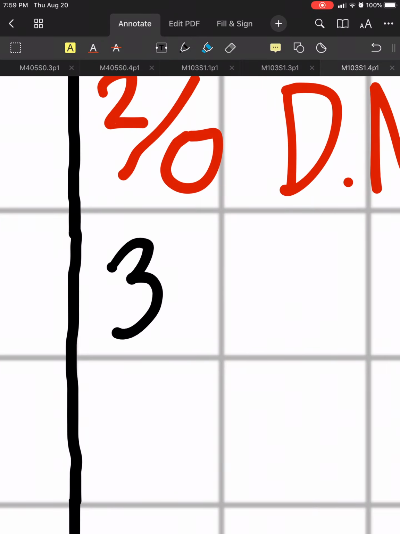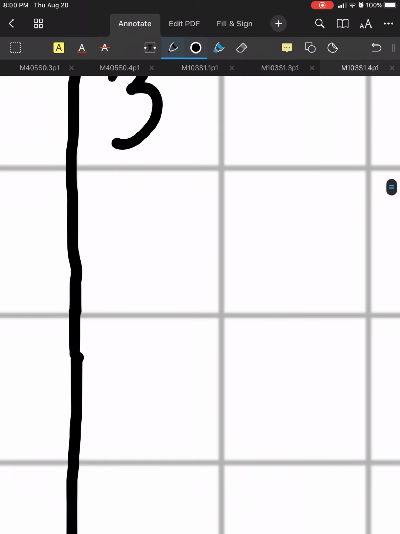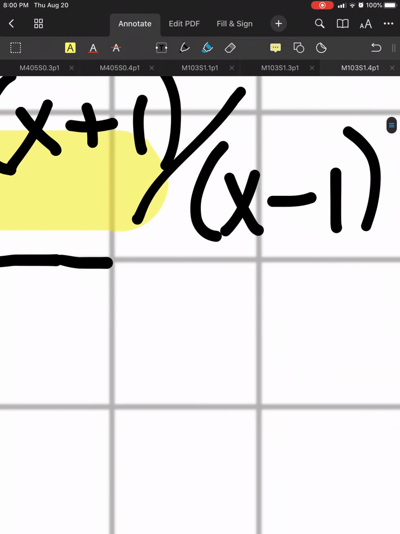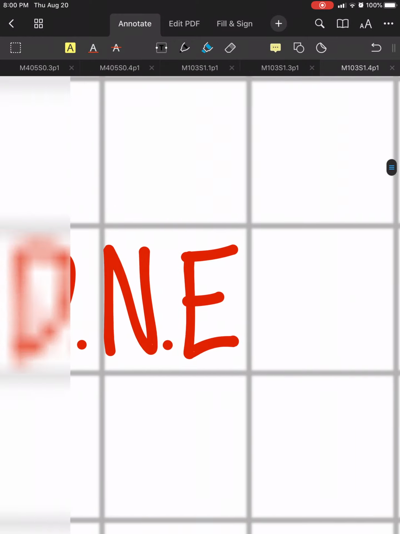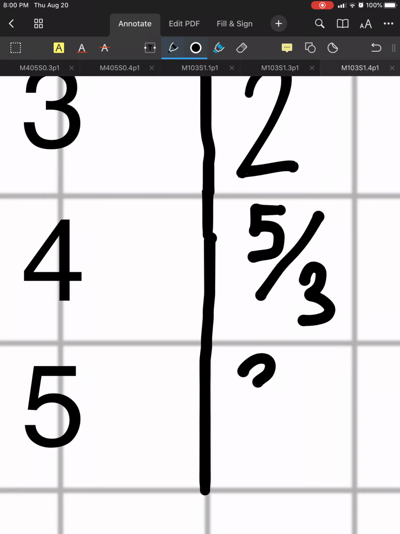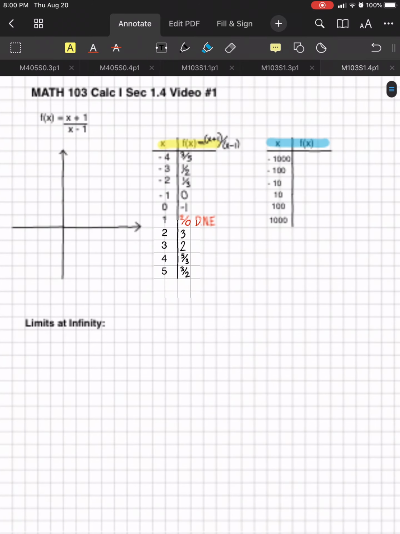For 3, we get 4 over 2, which winds up being 2. For 4, we get 5 over 3, or 5/3. And for 5, we get 6 over 4, or 3/2. So these should be the values you found.